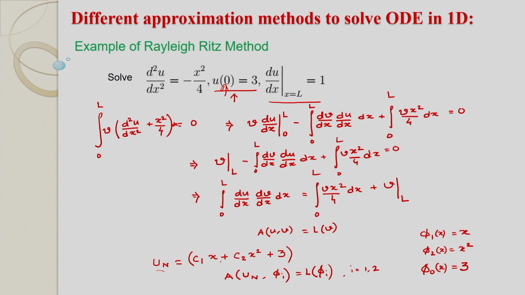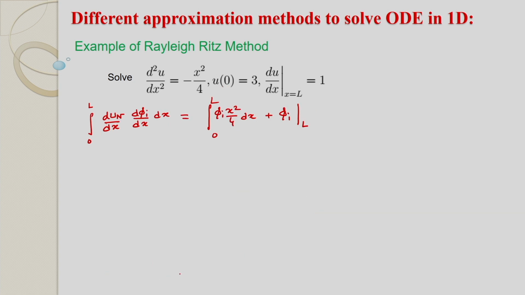Now our un is this. So we can write dun dx as C1 plus 2 C2 x. So this will be C1 plus 2 C2 x.